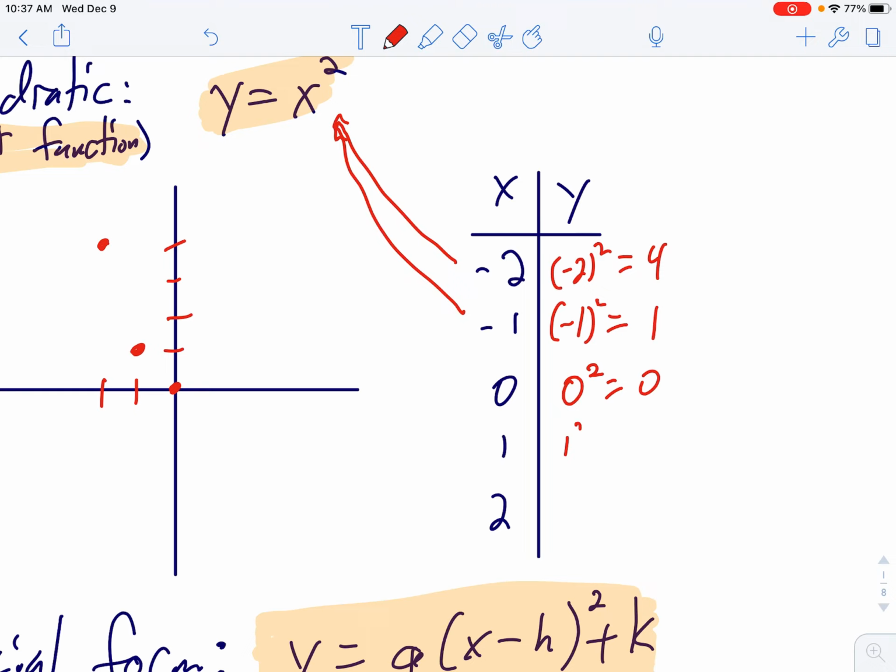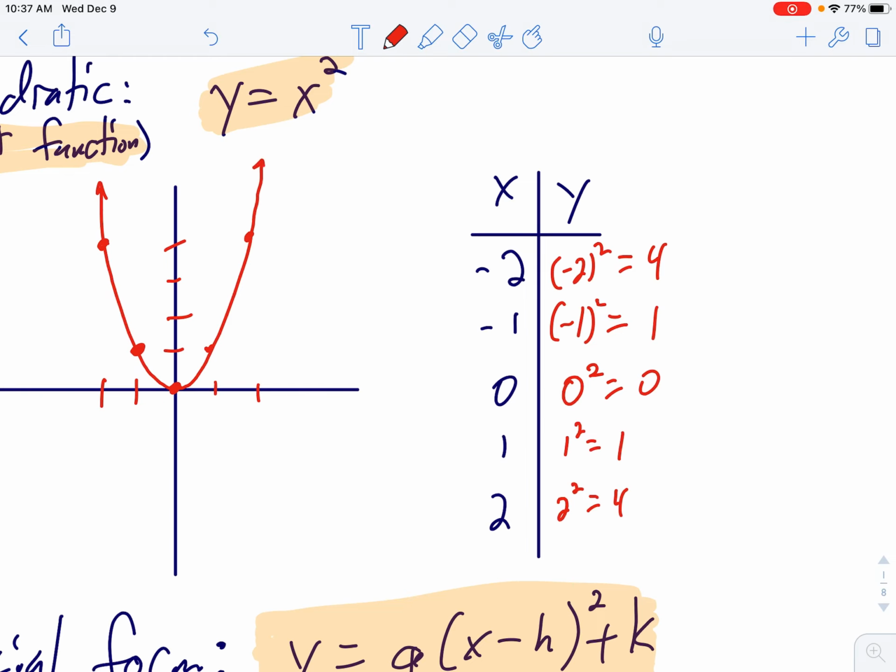Plug in a 1. 1 squared, of course, is 1. So 1, 1 is on the graph. Plug in a 2. 2 squared is 4. And that's up here. And as happened before in an earlier lesson, we have some symmetry here. These two numbers are the same as those two numbers, and that's to be expected. Then you connect the dots to get your graph, and it looks kind of like this here and this here.